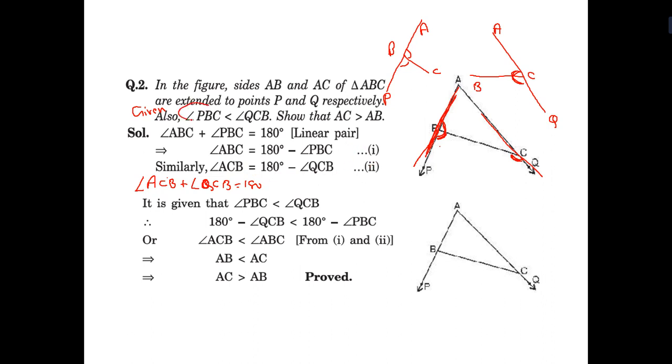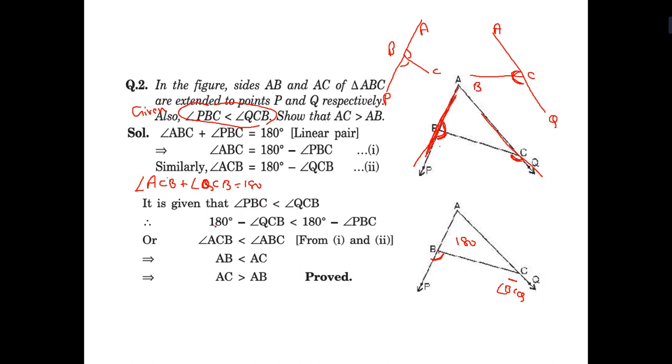Now we go from here. It is given that PBC is less than QCB. Now I want to find the value of PBC. The sum is 180, so 180 minus QCB gives the value of PBC.